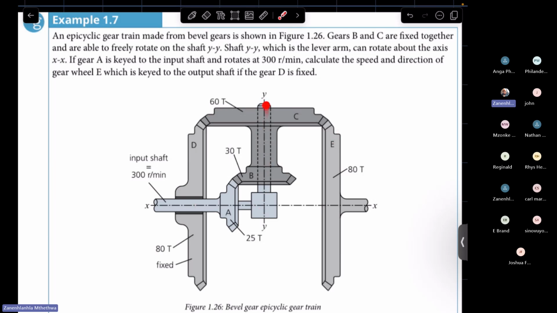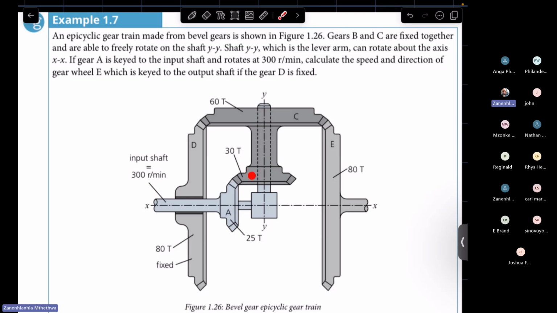The arm here is this arm YY. The gears that are surrounding the arm YY are the gears we take as being part of the epicyclic gear system. So those gears would be gears D, C, and E.